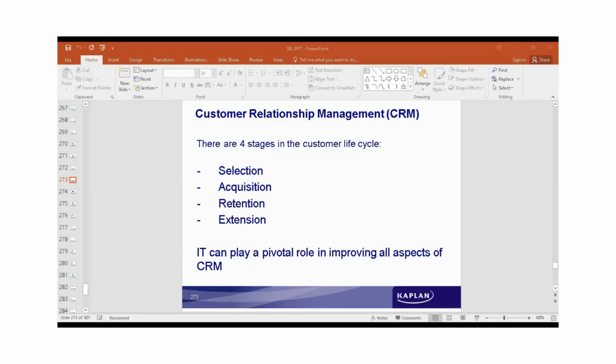Understanding the requirement of the customers, customization, personalization, and catering to them. And also after the sale, if there is a need, they are ready to provide services to the customers because they want a strong relationship built with the customers. That is all about customer relationship management.